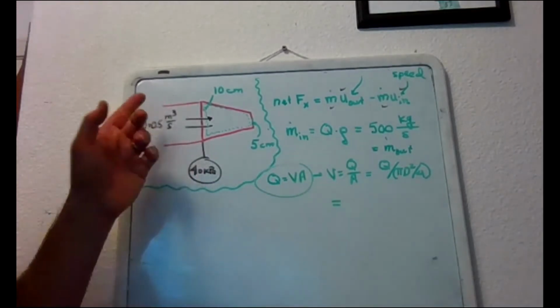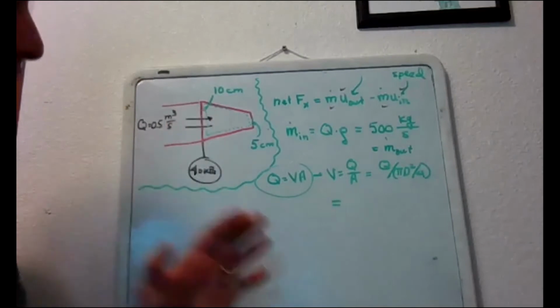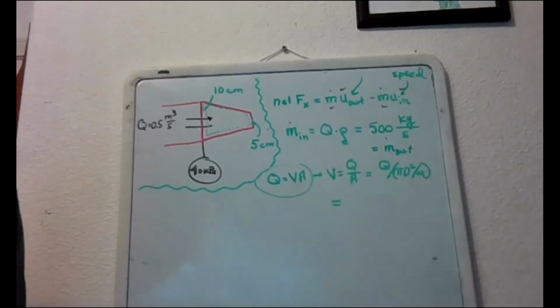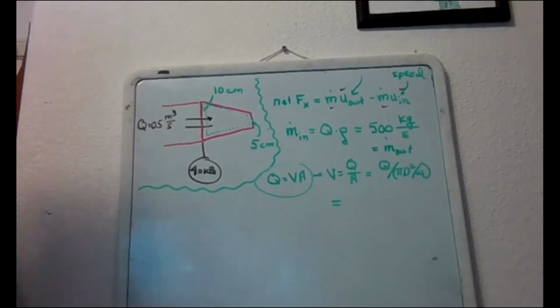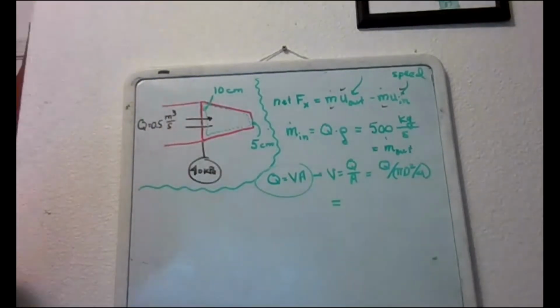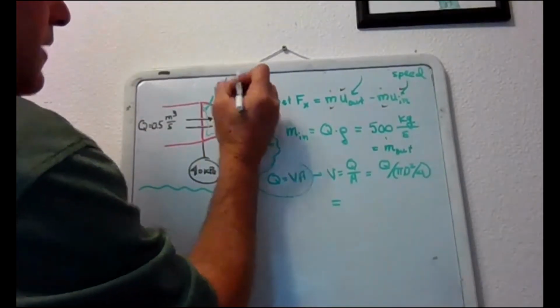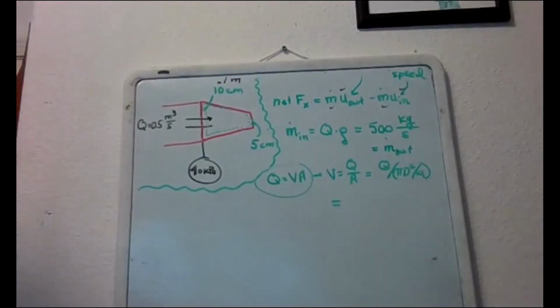This would be a pipe. A nozzle is circular usually at the inlet and the outlet. So the cross-sectional area would be pi d squared over 4. And then hopefully we can plug and chug and work our way through it. This was 10 centimeters, so we would want to convert it to meters so that the units end up canceling. So I'm just going to write that up there, even though you guys know it. That's 0.1 meters. And we're going to get a really, really large speed. Be doing it yourself, and let's see if you match my number.